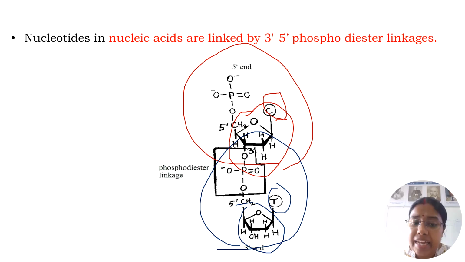The 3' carbon of this sugar molecule is attached with the 5' carbon of the another nucleotide molecule. So that's why this bond is known as the phosphodiester bond, and the direction is from the 3' to 5' direction. That's why it is called a 3'-5' phosphodiester linkage.